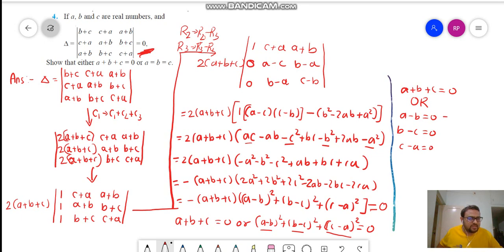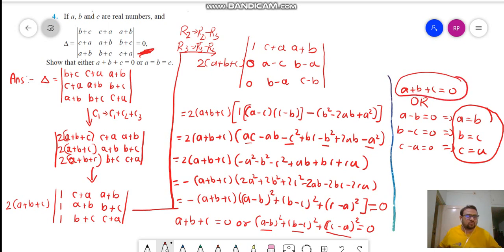So what does this imply? A equal to b, b equal to c, c equal to a. Okay, so I got it, either a equal to b, b equal to c, or c equal to a, or a plus b plus c equal to 0. Clear? So it's a lengthy sum. It can be asked in 4 marks. Okay, so just note down question number 4.